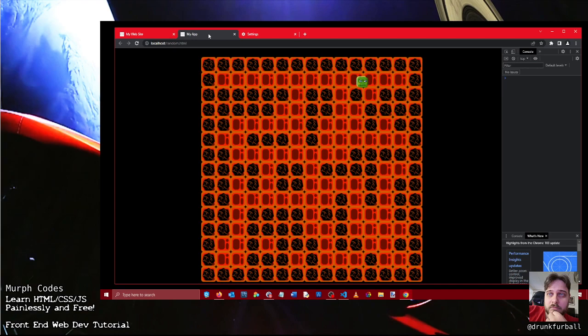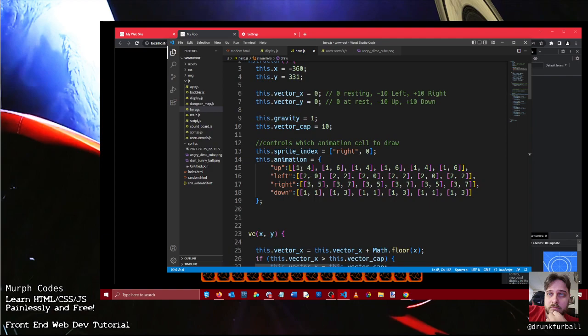Down is right. Why is down right? Right is also left. Left is way left. But he's technically animated now. It took a long way to get here, but he's technically animated now.